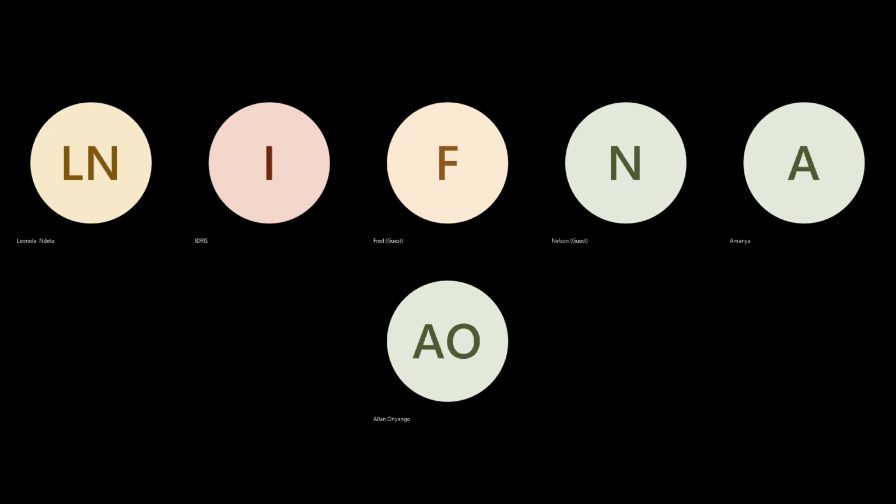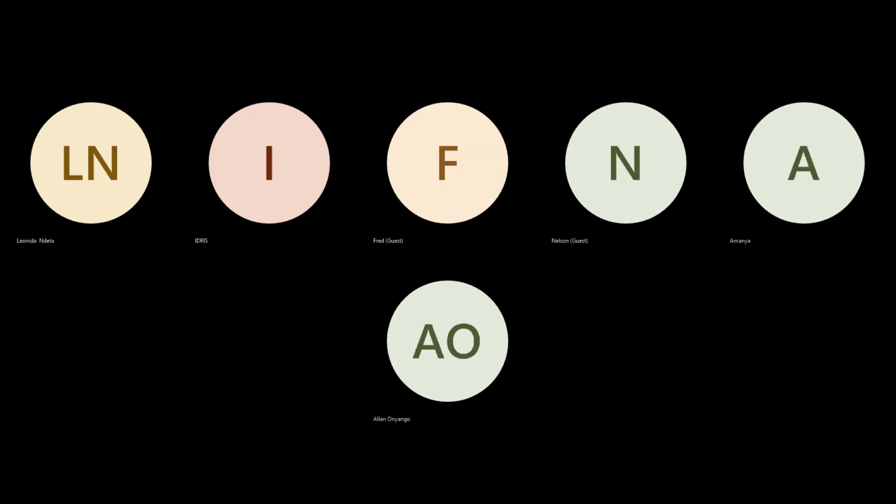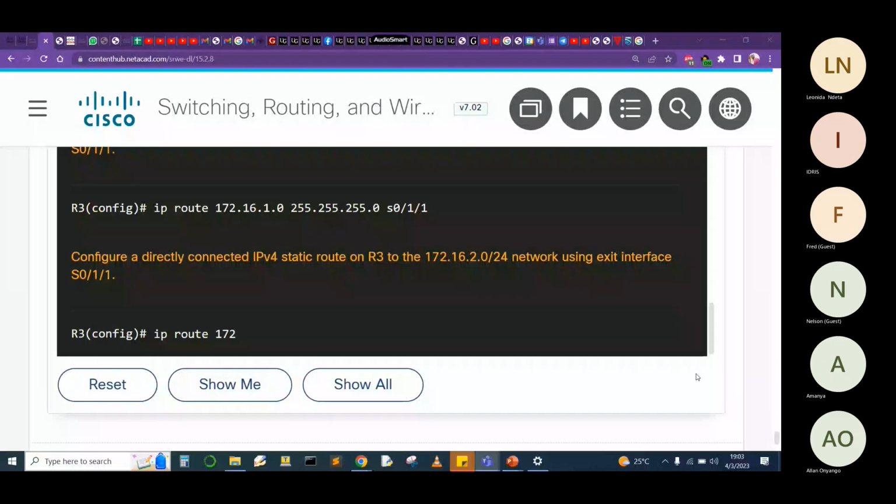So we'll say IP route 172.16.2.0 255.255.255.0, and the exit interface small s S0/1/1, and that's it. The network.